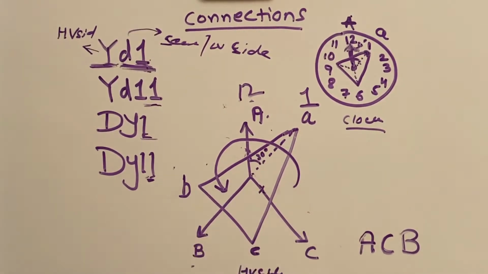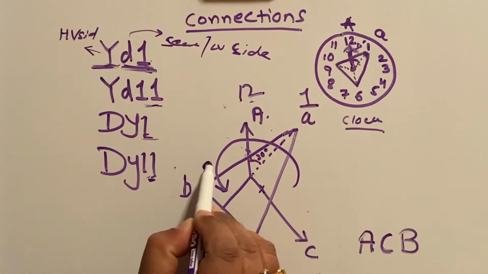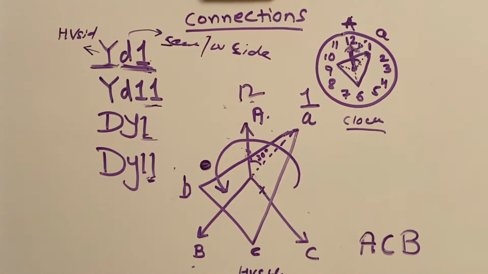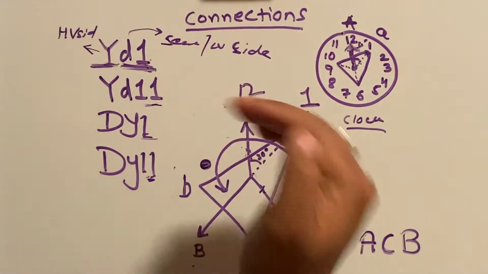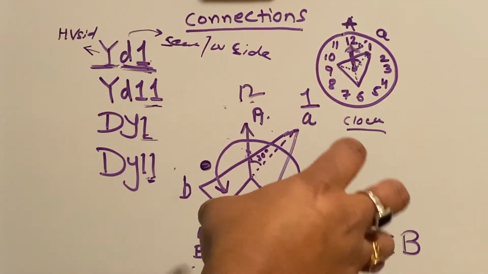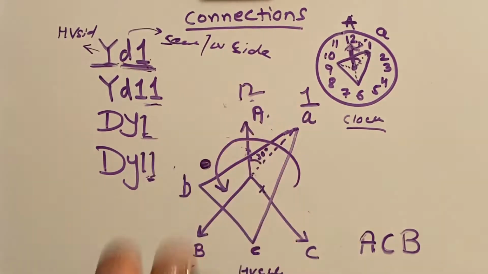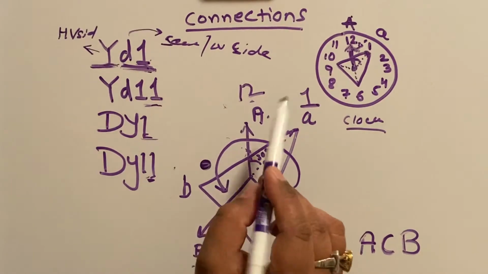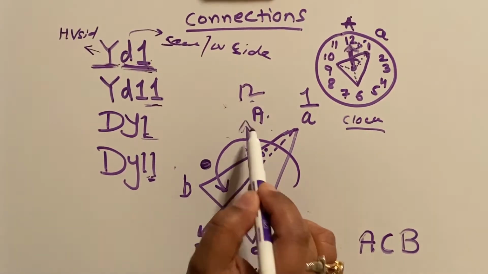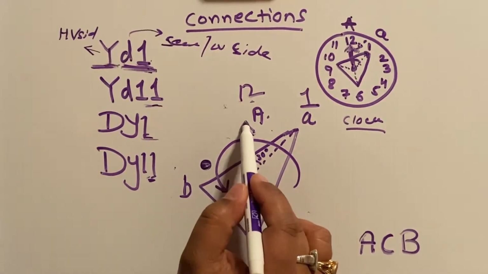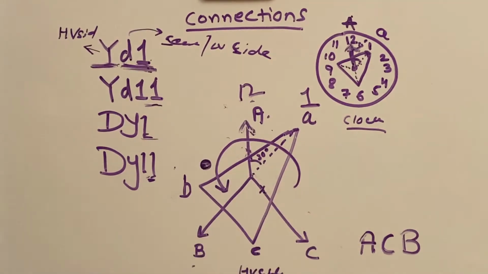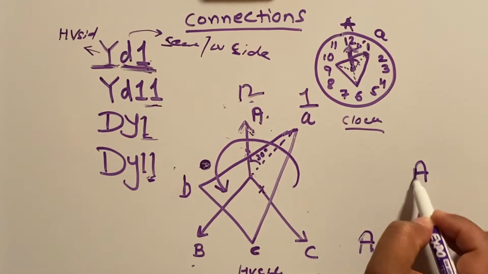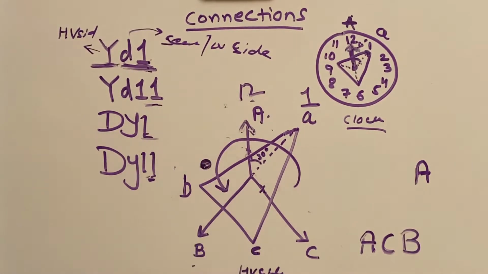In this case, if you take a dot mark here, and now try to rotate this phasor, assume you are rotating this phasor towards this dot because it is anti-clockwise. The first point which is going to pass through this dot is capital A of this phasor.